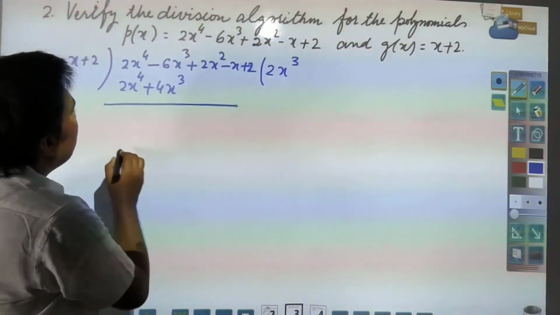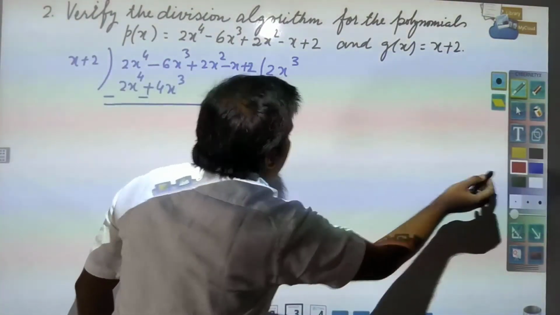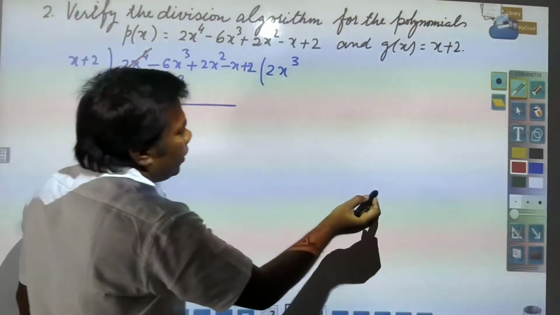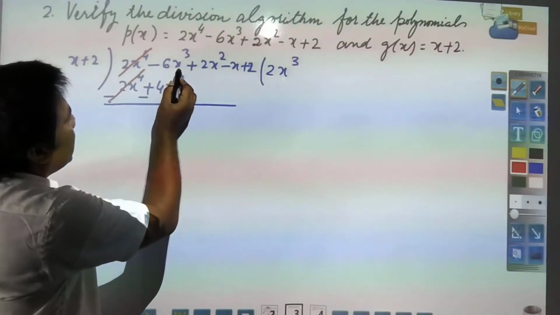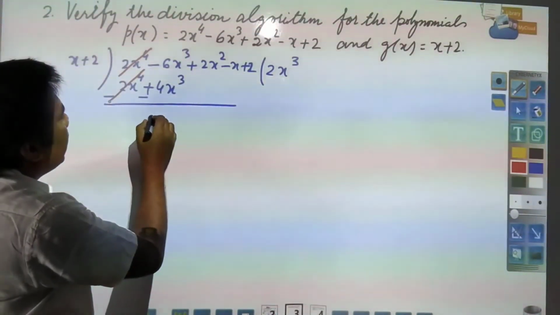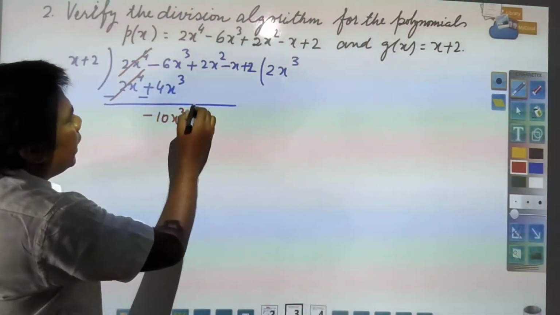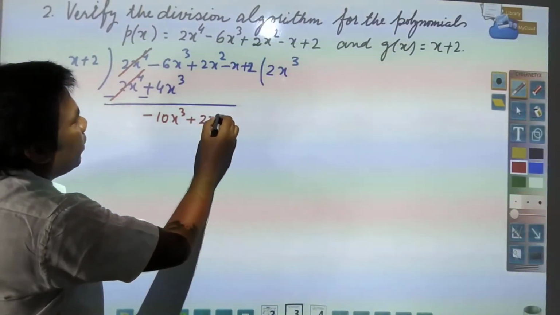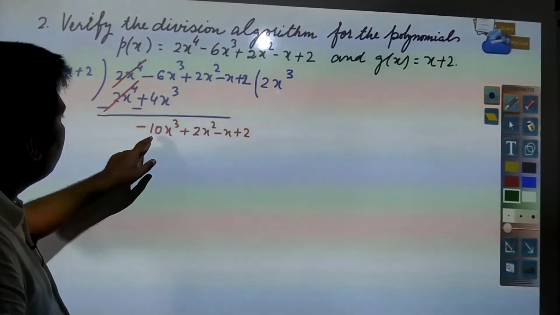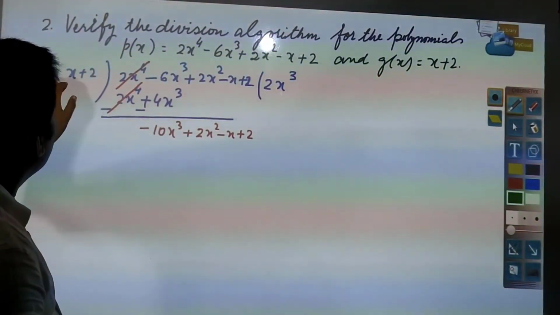Now you need to subtract this. So if you are subtracting, the first term will get eliminated and you will be left with, here you see, minus 6x cube and minus 4x cube. So you will get minus 10x cube, and then the next terms you have 2x square minus x plus 2. Now you see, we need to eliminate minus 10x cube. So for this, what is required to be done?